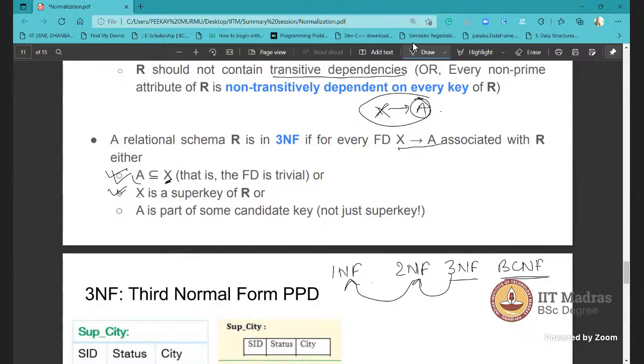But you cannot say that if a relation is in the third normal form, it is in BCNF; it may or may not be in BCNF. You have to check that. Am I clear, right? Yes.